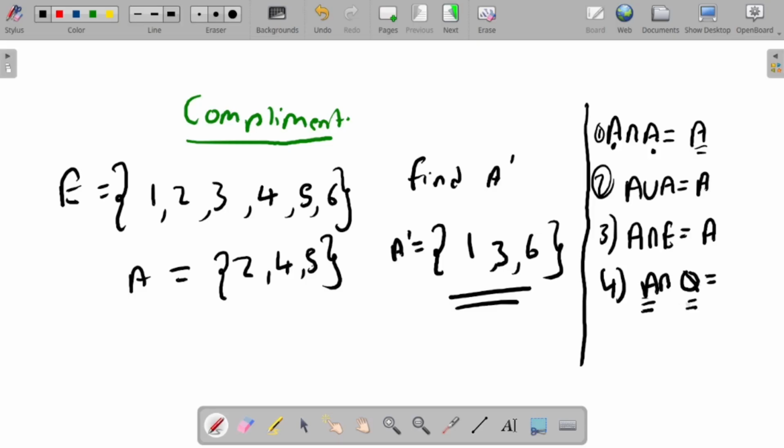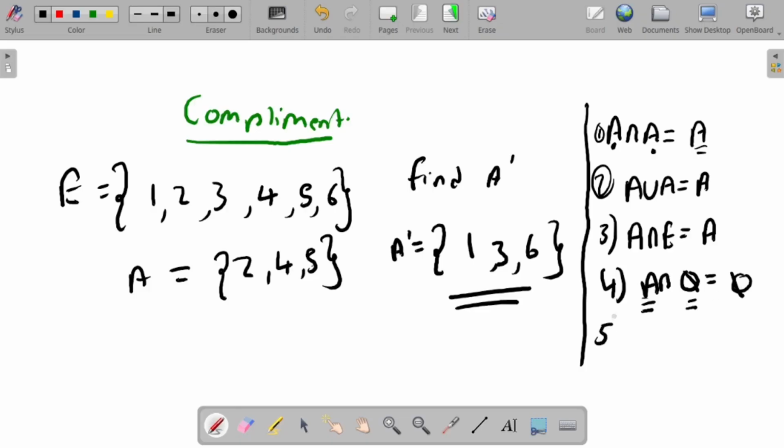Since an empty set doesn't have elements, but A has elements, if you want to look at what's common, you realize there will be no common elements, because the other set is empty. It has nothing in it. So our answer is just going to be empty set.